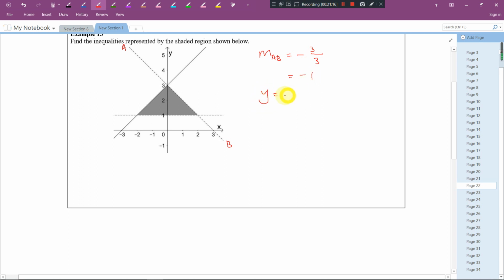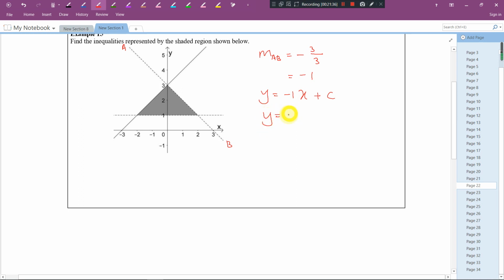y equals mx plus c. Now I need one point to find c, but in this case I actually don't have to calculate, because c is the y-intercept. From the diagram we know that the y-intercept is 3, and for the negative 1 you don't have to write the 1.